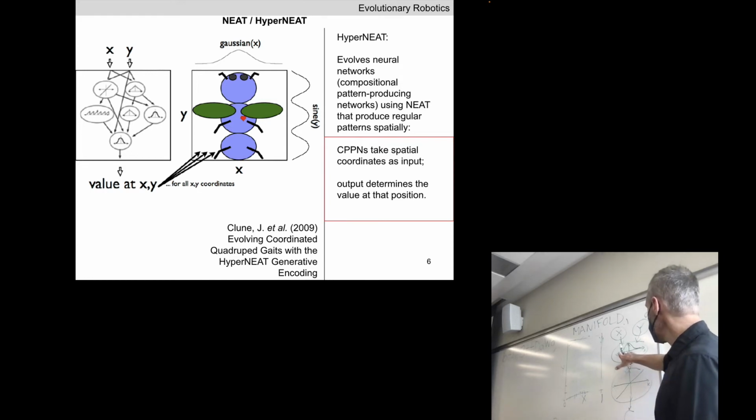The closer the weighted sum is to 0, the more positive a value this neuron is going to output. Okay, this one's a little trickier to think about.